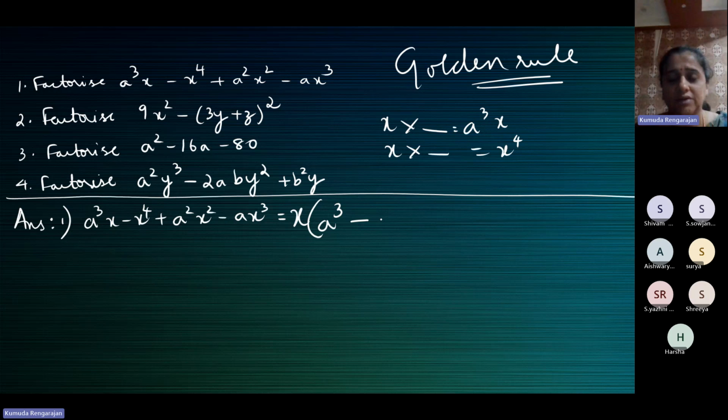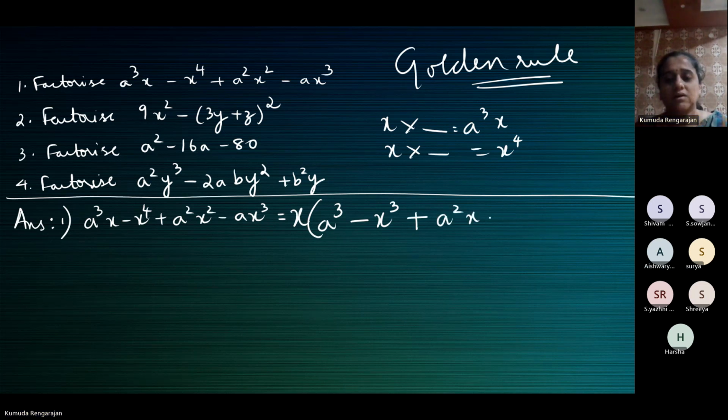X cubed. Now x into what will give you the third term, a squared x squared? A squared x, minus x into what will give us the fourth term, ax cubed? Ax squared.